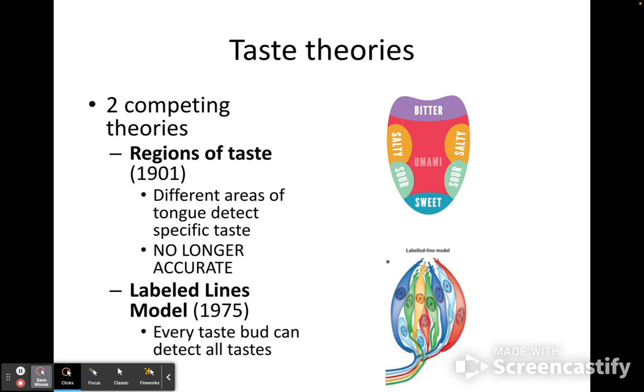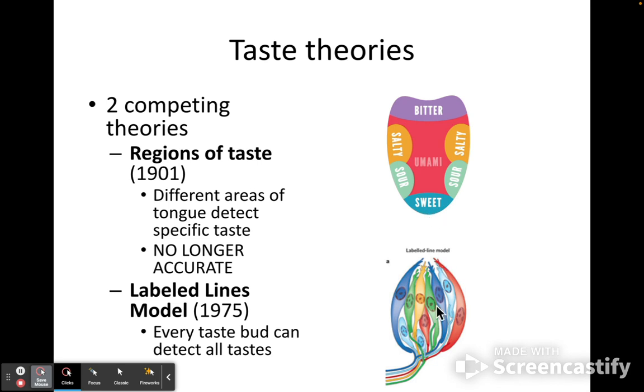Now, we now know that that's no longer accurate. Instead, we have taste buds all over the tongue, and within every taste bud, we have structures that look like this. So here is the taste bud and the receptor cells that live in it. Notice the different colors, right? This is saying that essentially every taste bud is capable of detecting every single taste flavor profile.